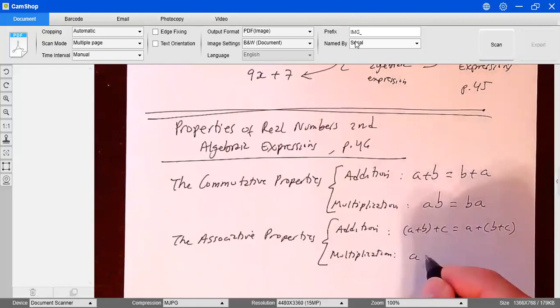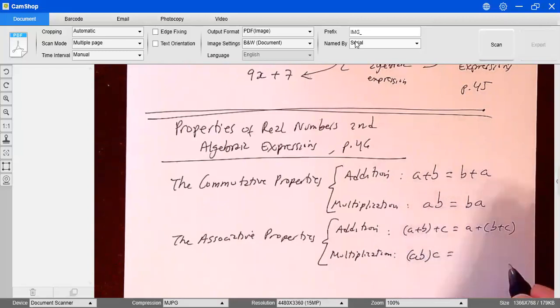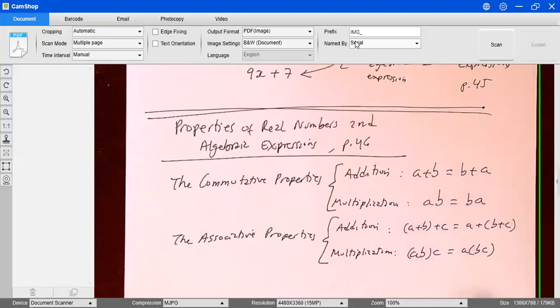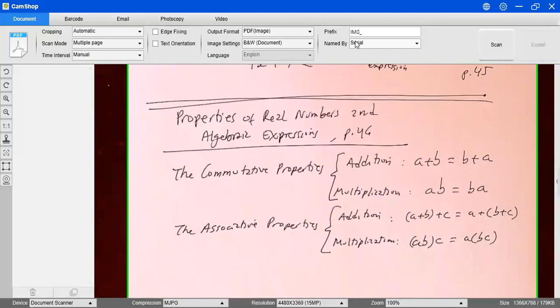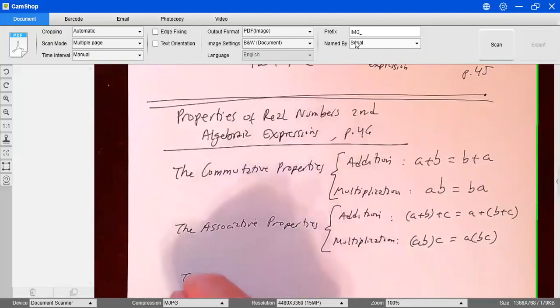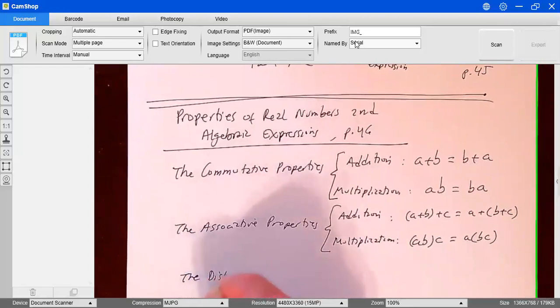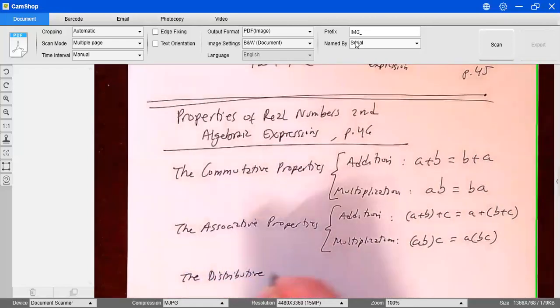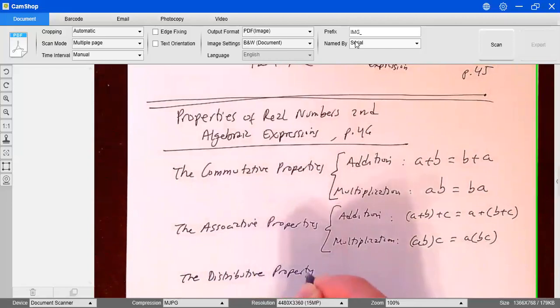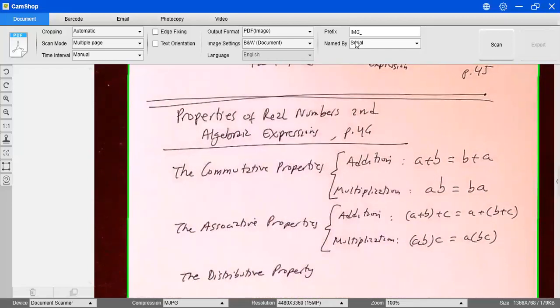The same thing with multiplication. You can multiply the first two factors and then the last one, or you can multiply the last two factors and then the first one. The answer is going to be the same. I'm not going to spend a lot of time on this because I want to focus on the most important property, the distributive property. So this is a very important property.